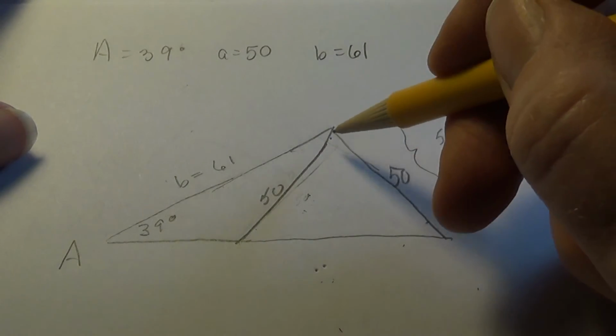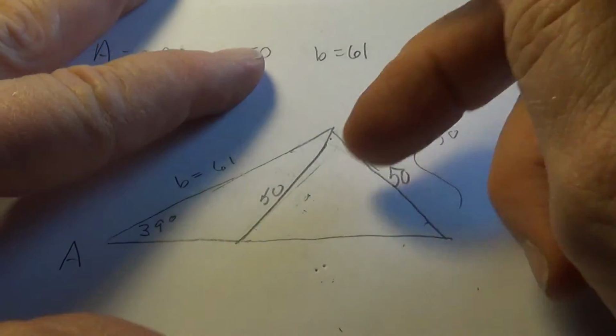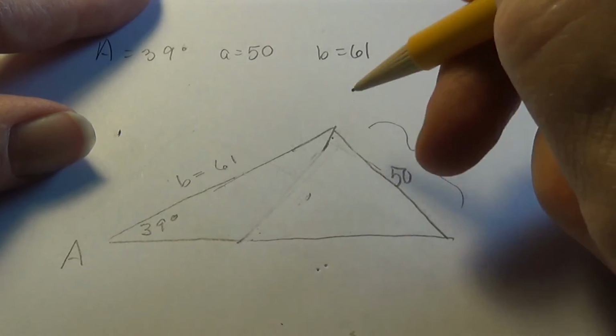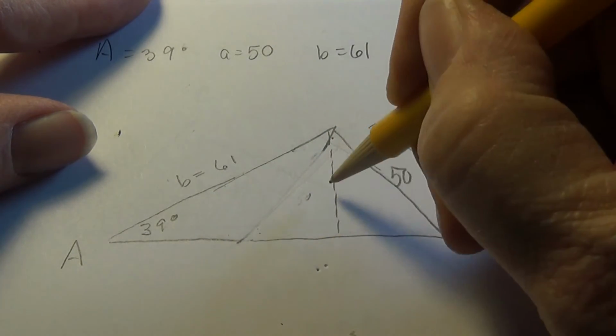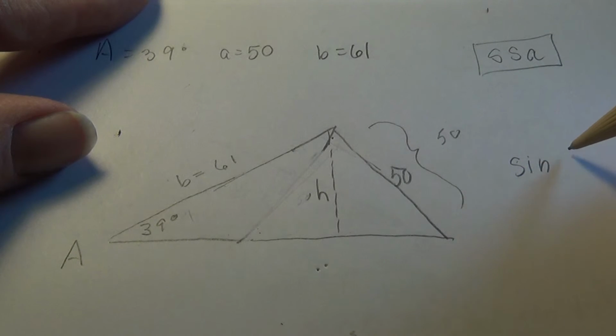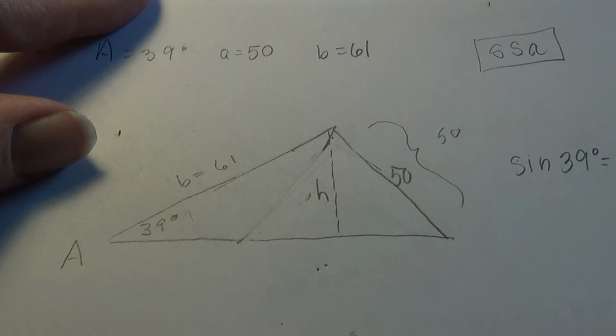So we're going to drop the height. Now that you've seen it's a possibility, let's move this and find out what the height is. We're using this angle. We have sine of 39 equals h over 61.